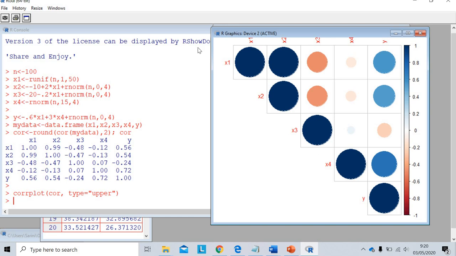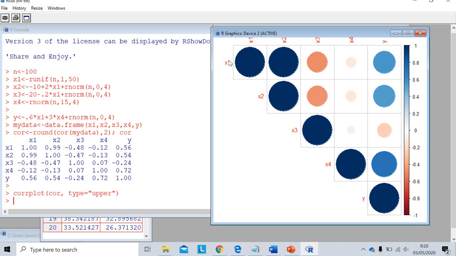In here we can see that the darker blue means strong correlation, and light color means low correlation. So x1 and x2 have really high correlation, almost the same color as x1 and x1, which of course is perfect correlation because it's with itself.